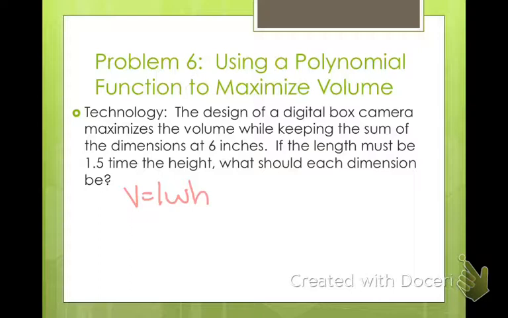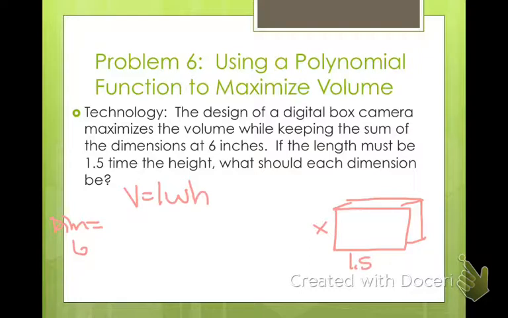So imagine we just have some kind of box, and we know that our dimensions all add up to be 6. So the length must be 1.5 times the height. So if we say height is x, we know the length is 1.5 times x.